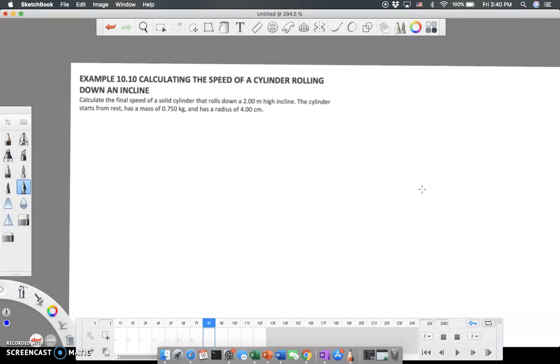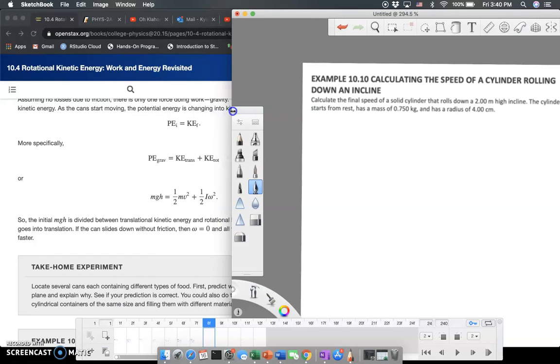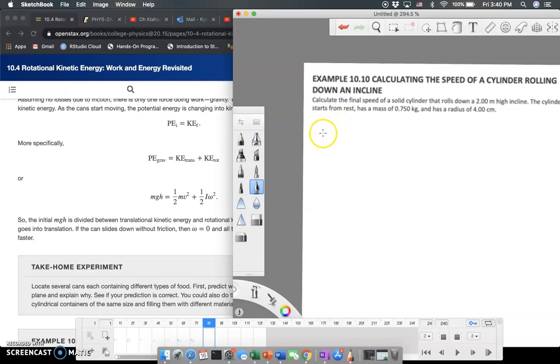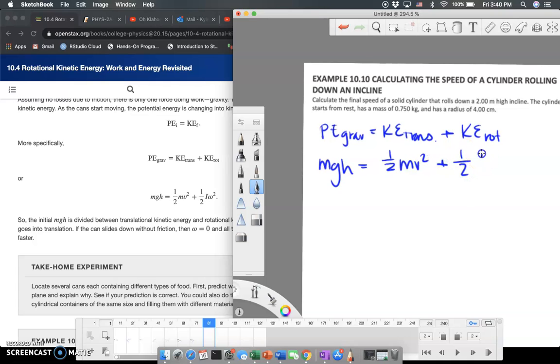So we can go ahead and use this idea in order to solve for that speed. Okay, so let's go ahead and do that. We are going to take that equation, and I'm going to write it down here. So our potential energy due to gravity equals our translational kinetic energy plus rotational kinetic energy, and that's mgh equals 1/2 mv squared plus 1/2 I omega squared.